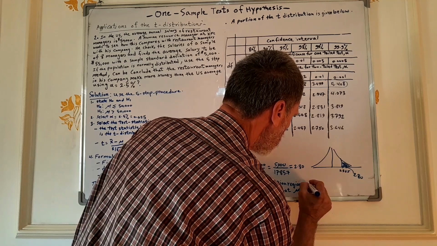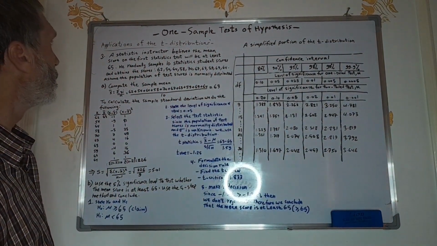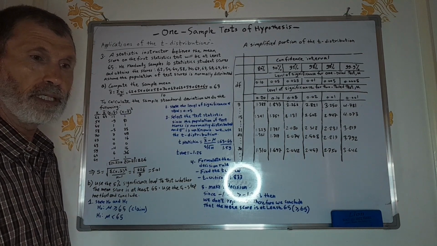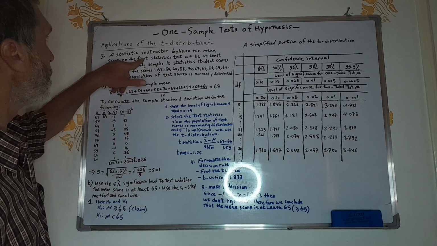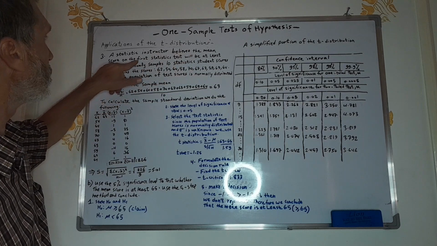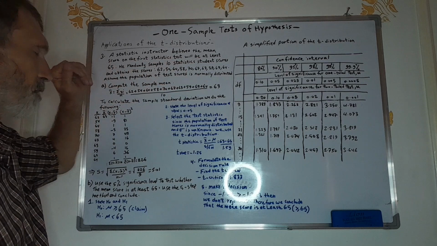Okay, now we move to problem 3. Still we are applying the concepts of the t-distribution. A statistics instructor believes the mean score on the first statistics test will be at least 65.